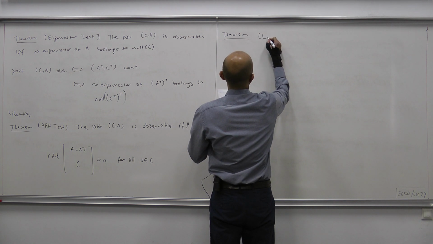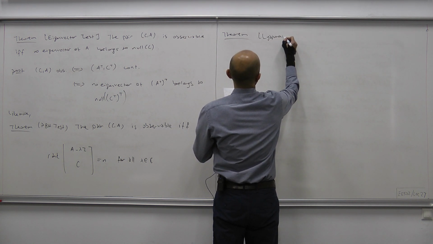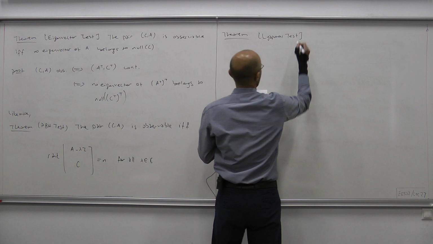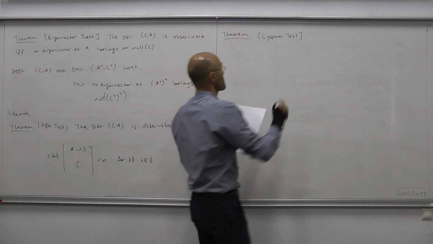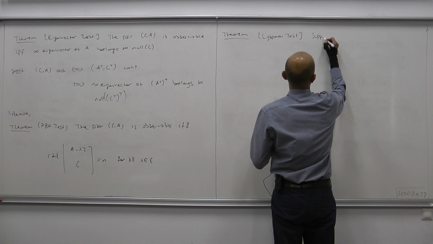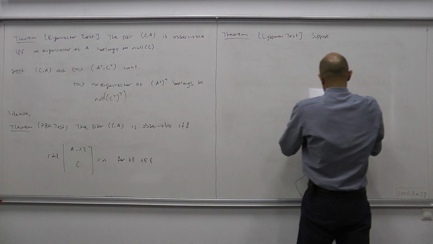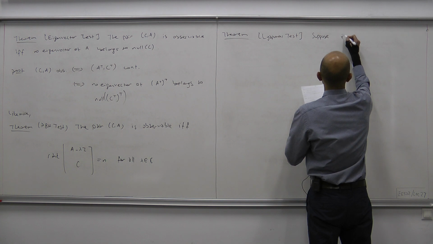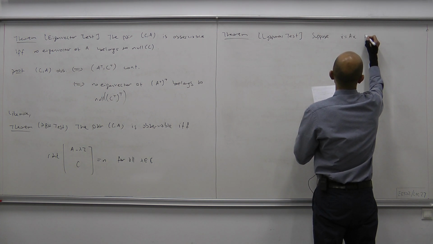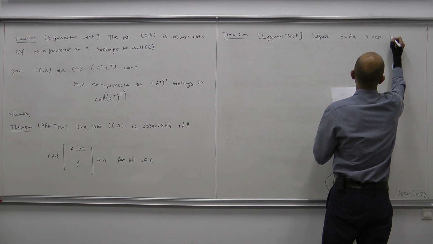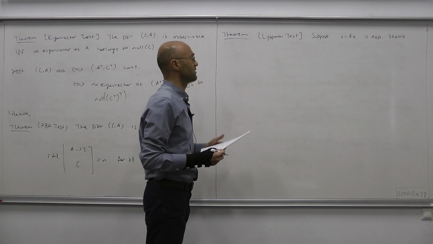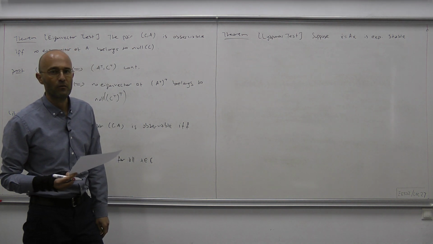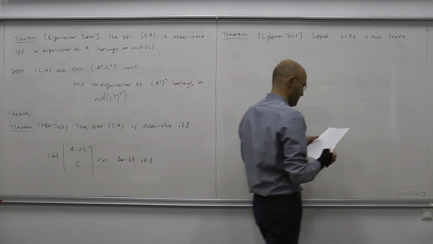This is the Lyapunov test for observability. Suppose that the system x dot equals Ax is exponentially stable, that is, A has eigenvalues only with strictly negative real parts.